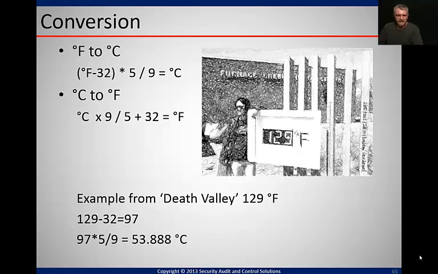We take the Fahrenheit, subtract 32 from that, multiply by 5, divide by 9, and that will give us the Celsius. At the bottom here, the example from Death Valley: 129 degrees Fahrenheit, 129 minus 32 is 97. The 97 times 5 divided by 9 gives us approximately 54 degrees Celsius.